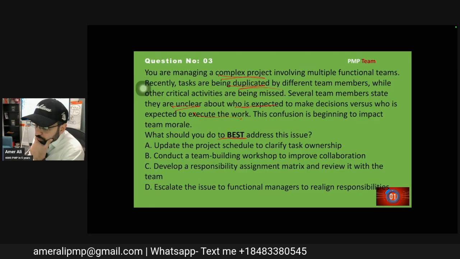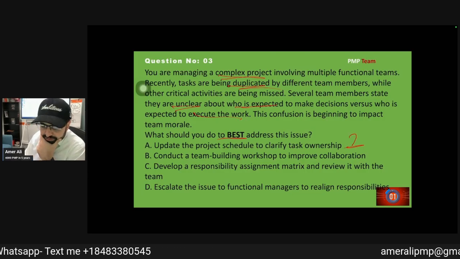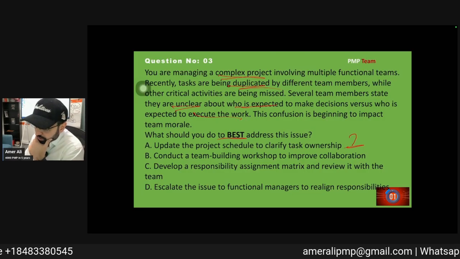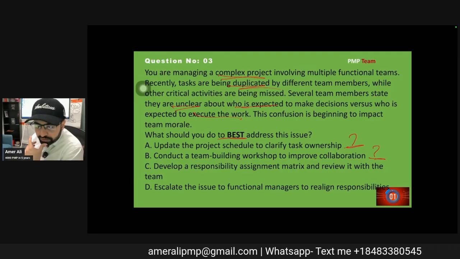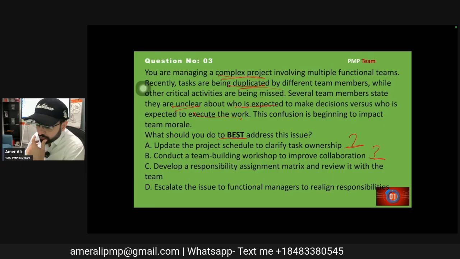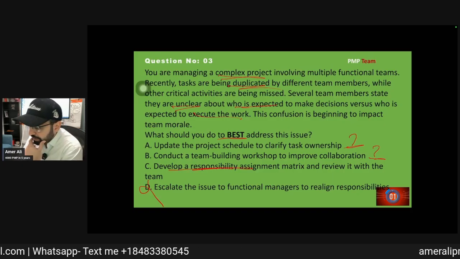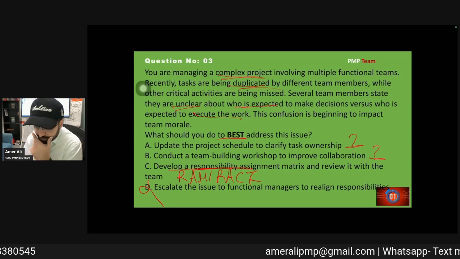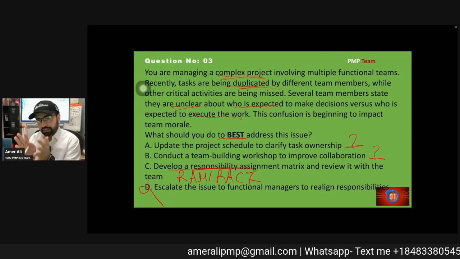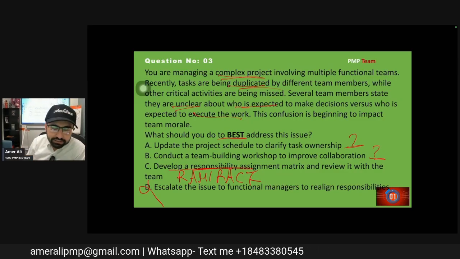What should you do? Update the schedule to clarify ownership. Does the schedule have the ownership? Conduct team building. Okay, but will that solve the problem? Okay, escalation is never the answer. So that's why I explained RAM and RASI. Guys, are you having fun? First we completed the topic and immediately we are implementing that topic.